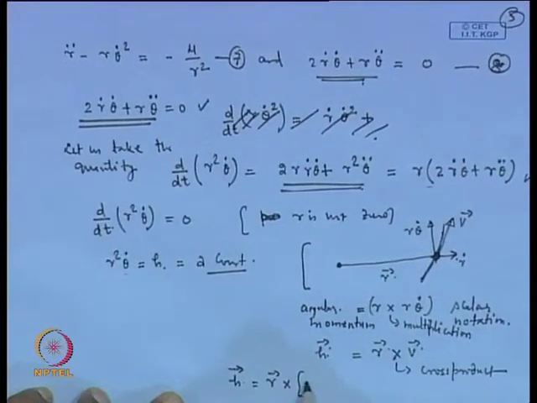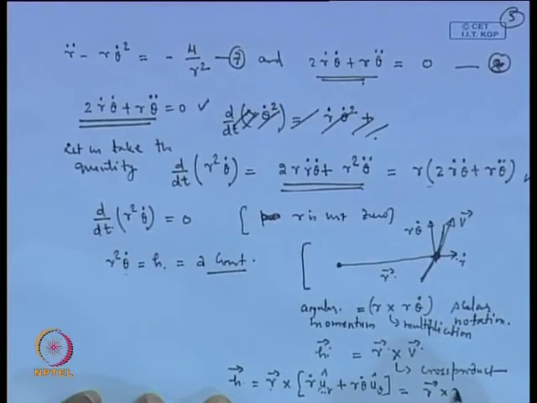Now, v becomes r dot times u r cap plus r times theta dot times u theta cap. Okay. So, the unit vector in the direction of r is nothing but u r. So, this cross product will vanish, leaving us with r cross r times theta dot u theta cap. Okay.